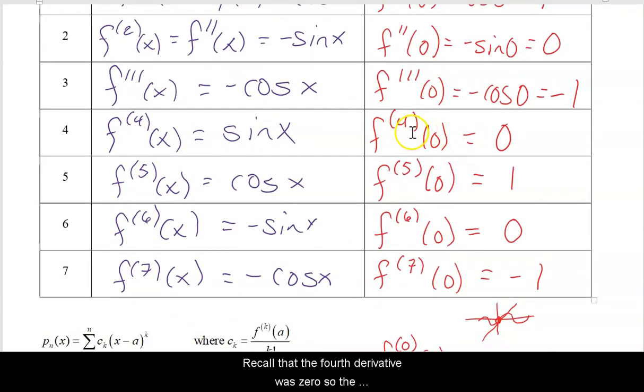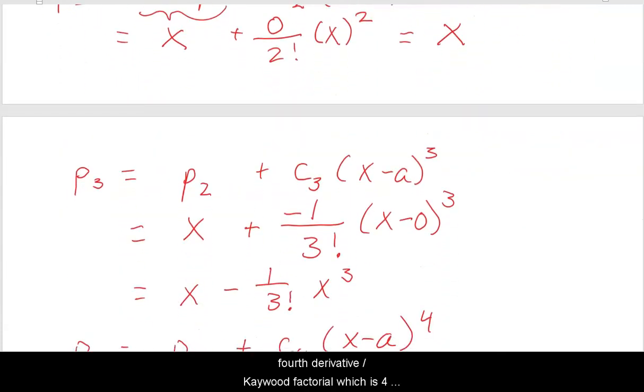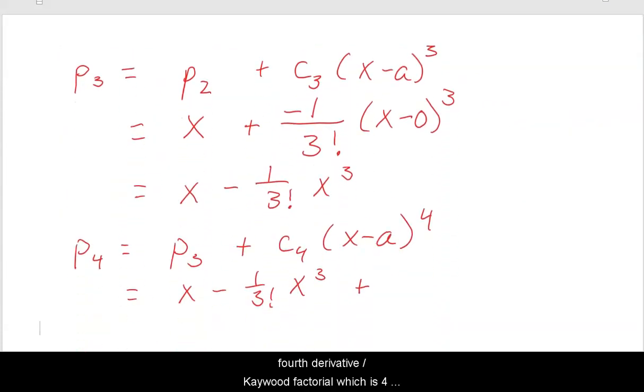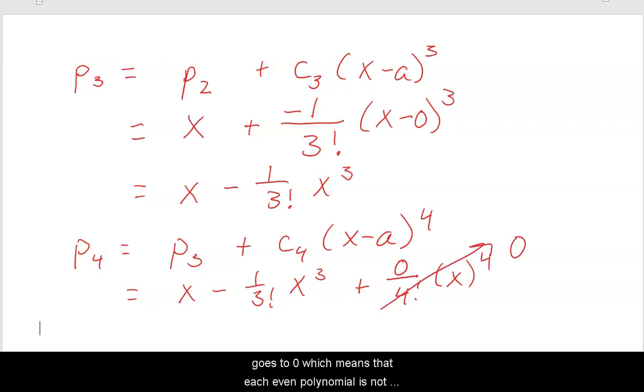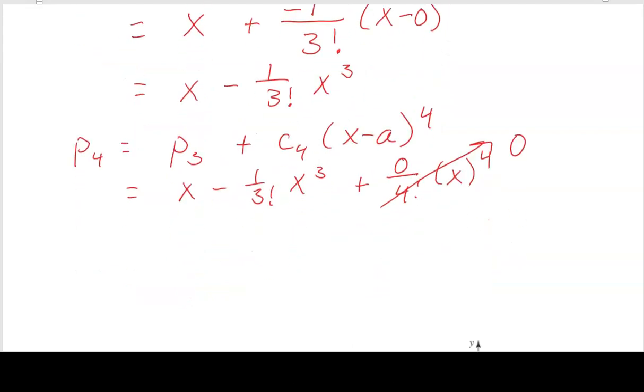But recall that the fourth derivative was 0, so the fourth derivative divided by 4 factorial would be 0 over 4 factorial times x to the fourth. This also goes to 0, which means that each even polynomial is not going to change the polynomial approximation. P5, however, will be different.